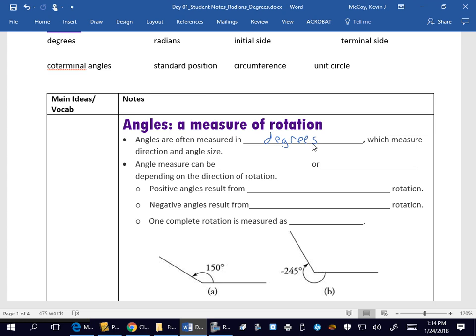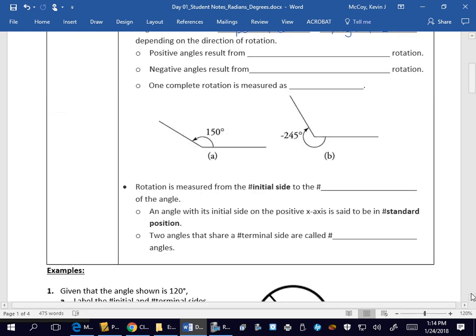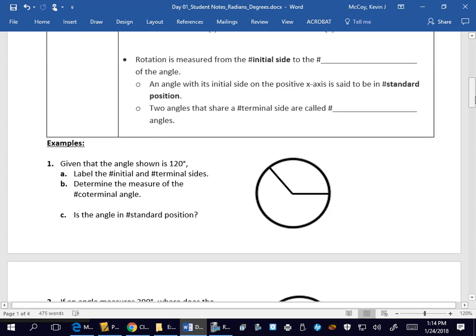Angles, specifically, can be measured in a positive or negative angle. And you might ask yourself, how in the heck can you have a negative angle? Well, it really just indicates the direction of the rotation of the angle, and I'll show you what I mean in the examples below.